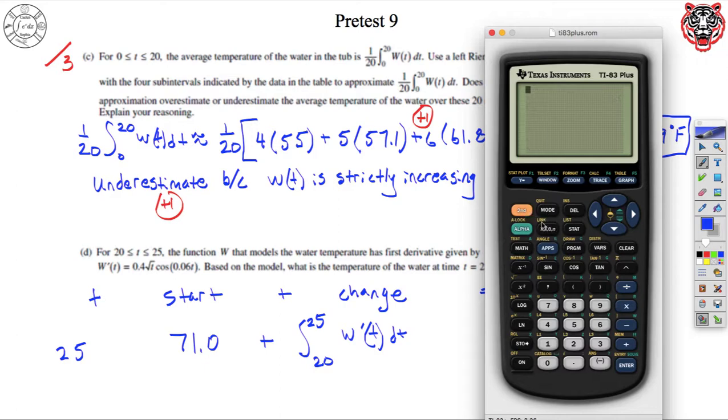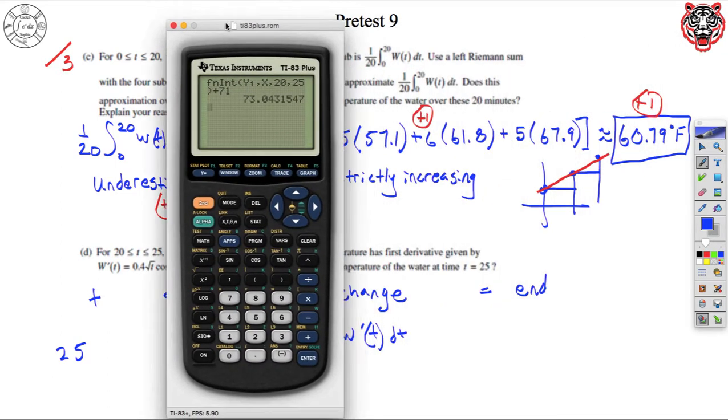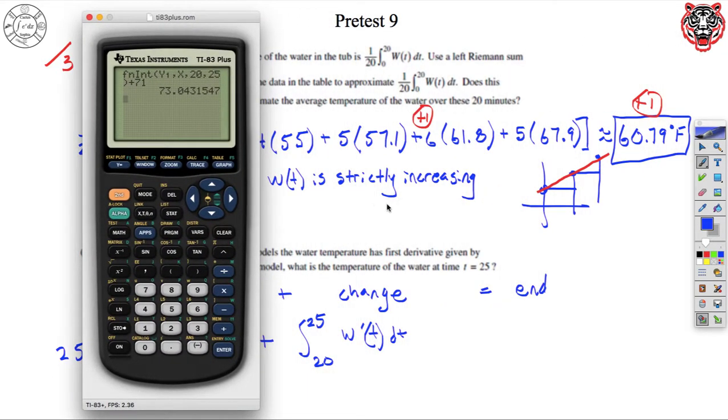Okay, so that's my y1. So I need to take the integral. So it's going to be math 9. It's the integral of my variable, with respect to x, from 20 to 25. And I can add that to 71. I can just do it all at the same step, plus the initial condition. And I get 73.043.